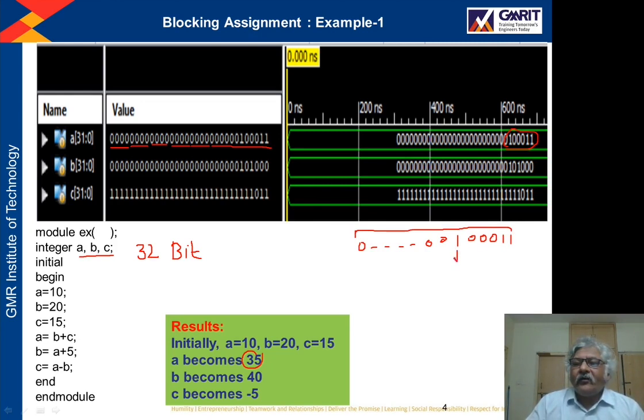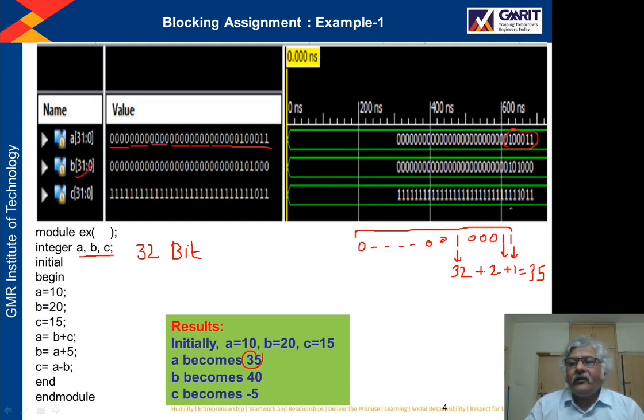The weight of this one is 32, the weight of this one is 2, and the weight of this one is 1. So this value represents 35. Now for B, right?